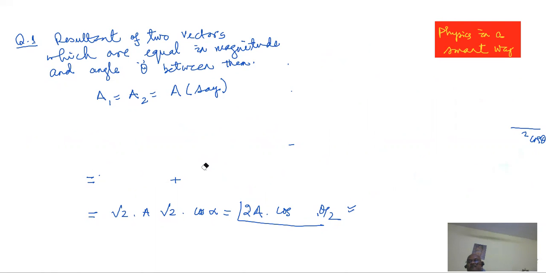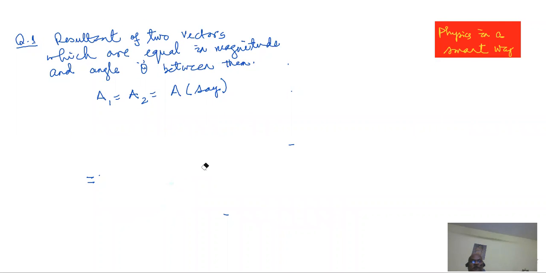So, as you know, the rectangular component method involves breaking down the individual vectors, the initial vectors, into parts, and then combining the parts. But first of all, let us go for a diagram.